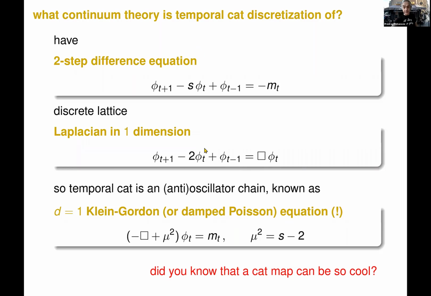Then subtract these two things, and you discover that what the cat map is, it's the Klein-Gordon equation, or Helmholtz equation for an applied mathematician, that says Laplacian plus the mass squared of a scalar particle has to satisfy marching order. So this is how a field theorist has to think about a cat map. It's really just the one-dimensional Klein-Gordon equation.